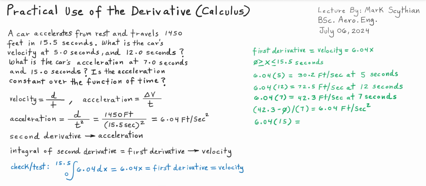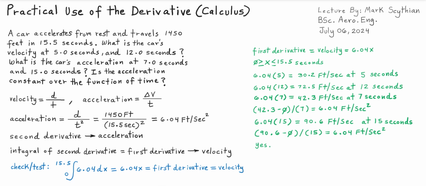Then the velocity at 15 seconds, 90.6 feet per second. And then the change of velocity, 90.6 feet per second at 15 seconds minus the rest velocity of 0, then divided into 15 seconds. We also compute 6.04 feet per second squared acceleration at 15 seconds.